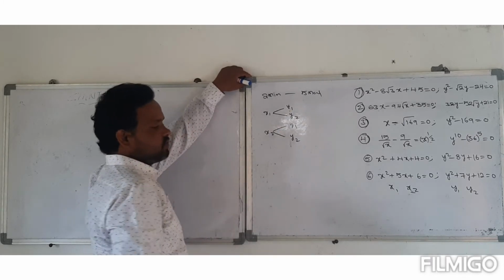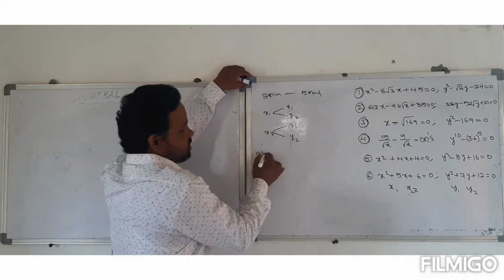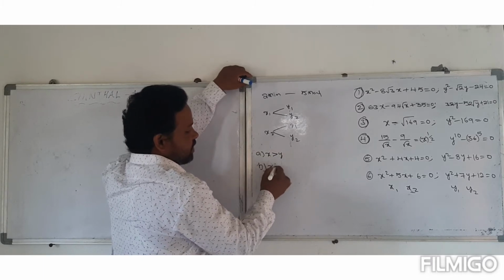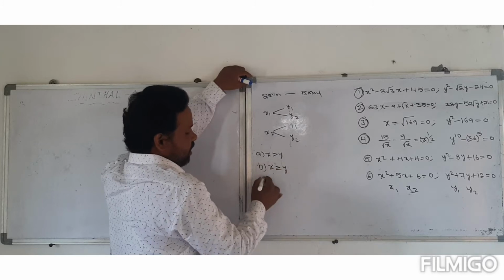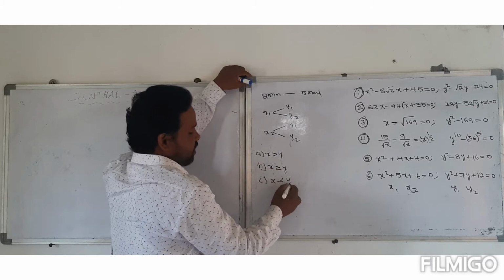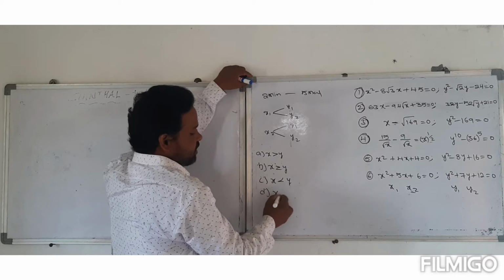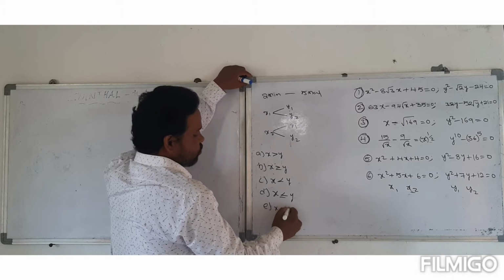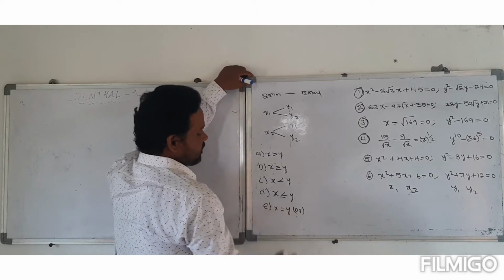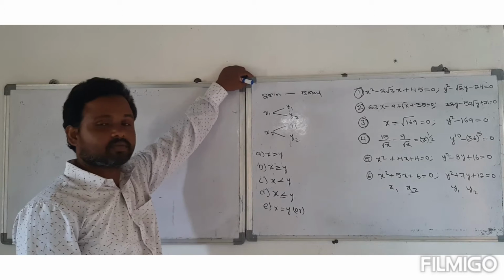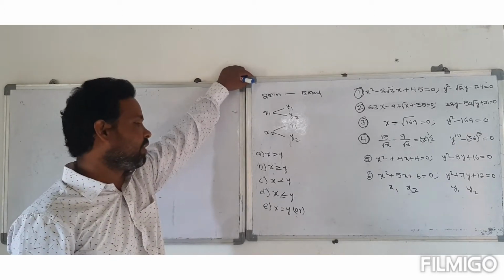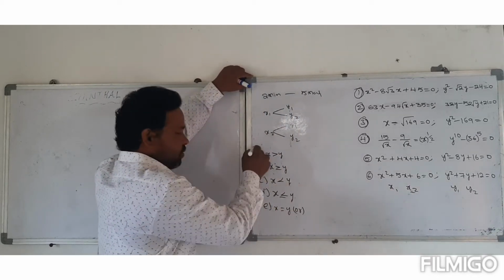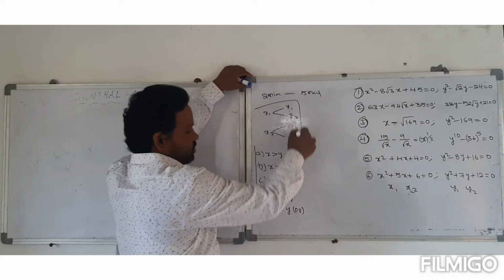Based on this information, we can find whether x is greater than y, or x is greater than or equal to y, or x is less than y, or x is less than or equal to y, and option E should be x is equal to y, or the relation cannot be established. While finding these roots, we have to conclude our answer based on this structure only.